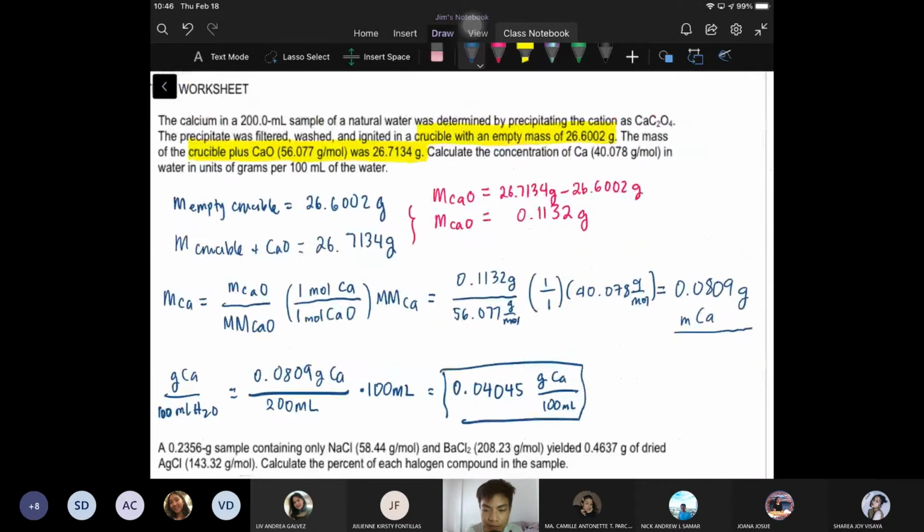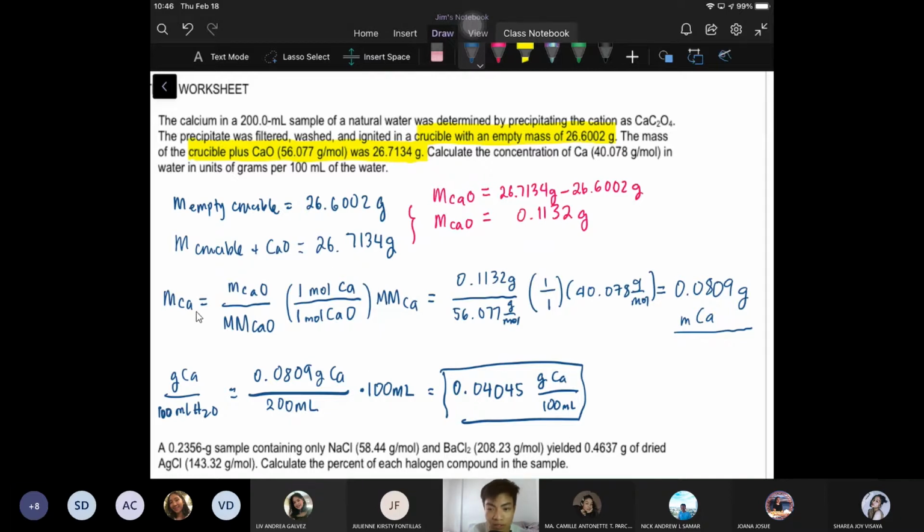So basically, this is what gravimetric problems look like. It's just stoichiometry. The gravimetry only comes in at the start. You just need to know what happened, where the precipitates came from, and what the final form of the precipitate is. Then once you know the final form of the precipitate, you can convert it back to the original form, in our case, calcium.